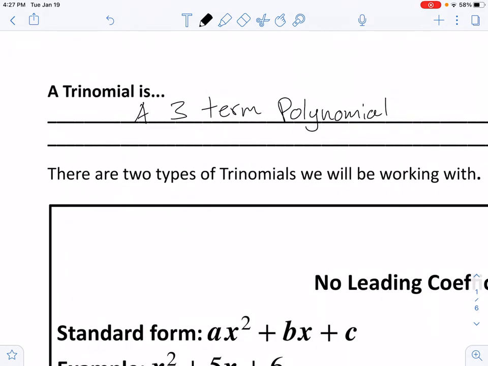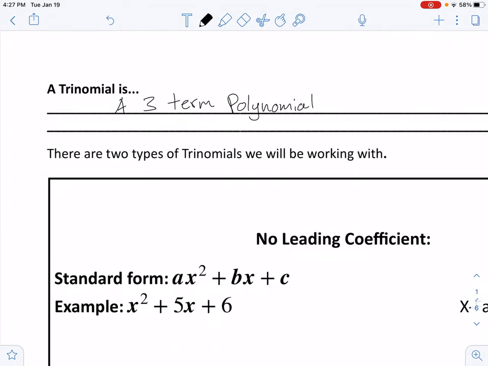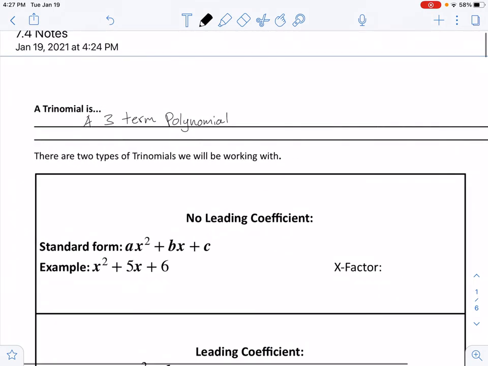And we've been working with polynomials. We've been adding them, subtracting them, multiplying them. And today we are going to learn how to factor them.